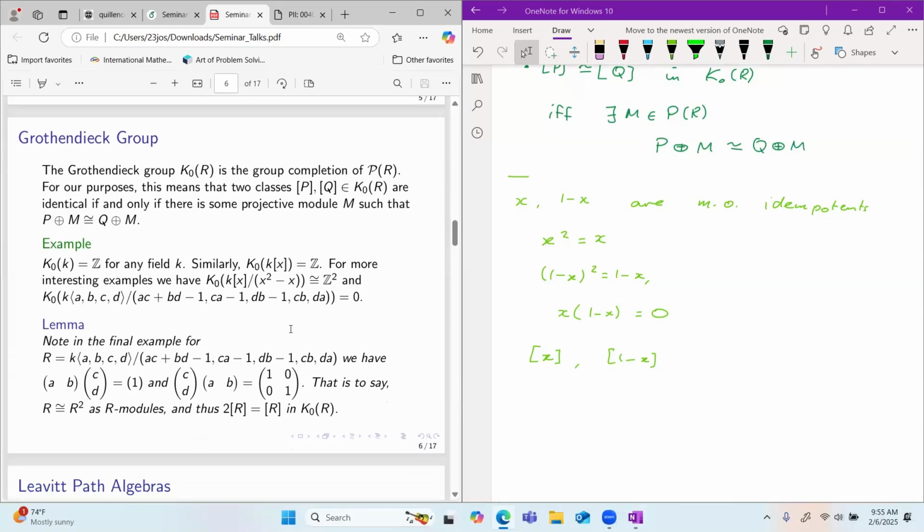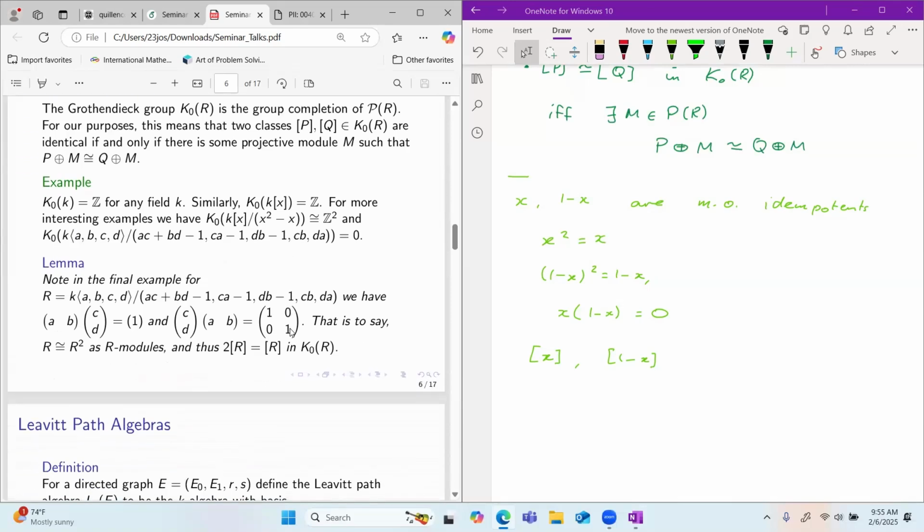And to explain why that is, I basically cooked up these relations perfectly so that we have these very specific matrix relations. If you have the 1 by 2 matrix AB and the 2 by 1 matrix CD, if you put them together like so, you get the 1 by 1 identity matrix.